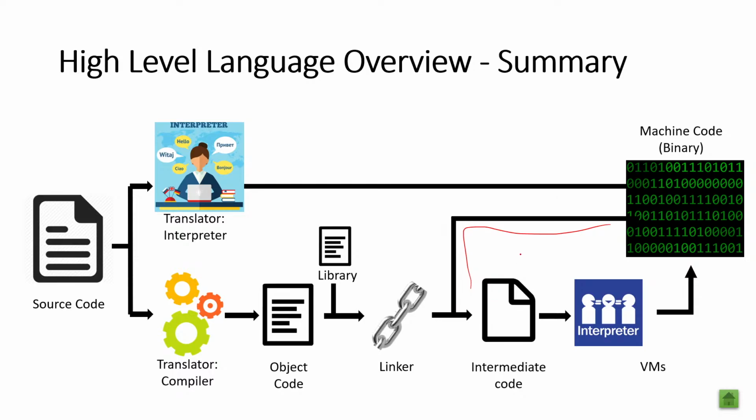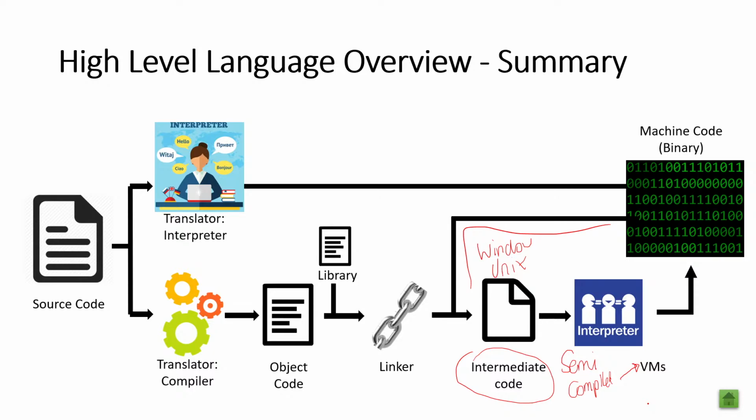However, if you want to convert over from, I don't know, Windows, for example, over to Unix, you're going to need intermediate code. That's like semi-compiled code, which then you can put in something called a virtual machine.